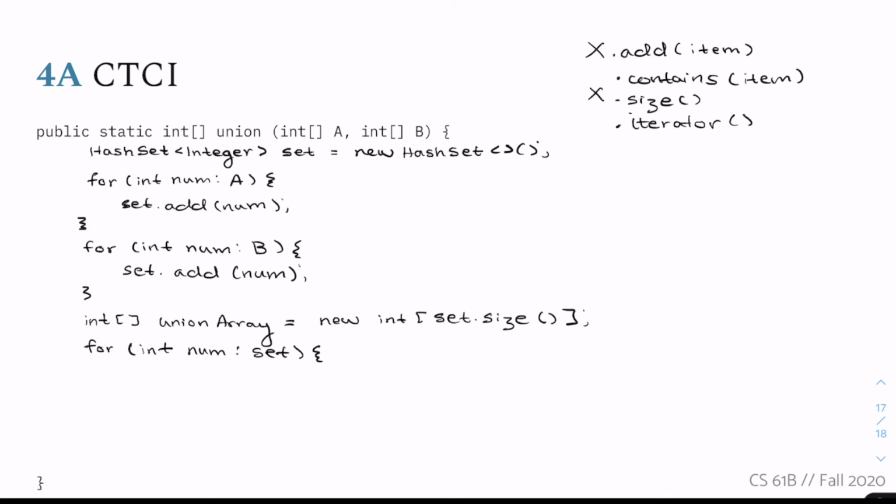Doesn't really matter what order they come out in. Union array. Oh, we should probably have an int i equals 0 up here. Union array i equals num and i plus plus. And then all we have to do at the end is return our union array.